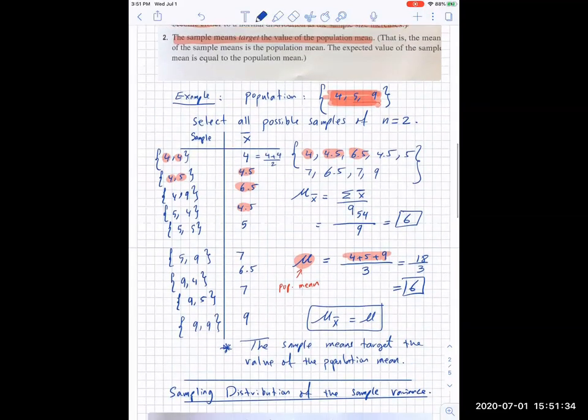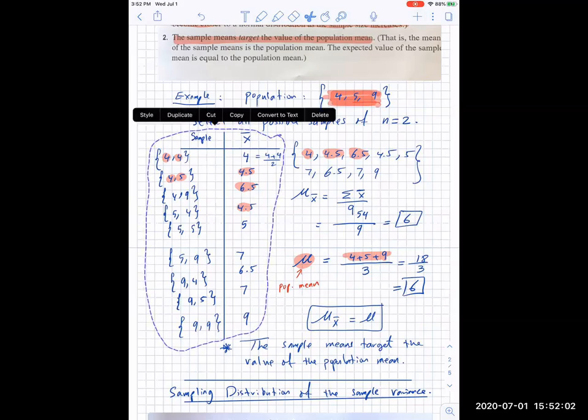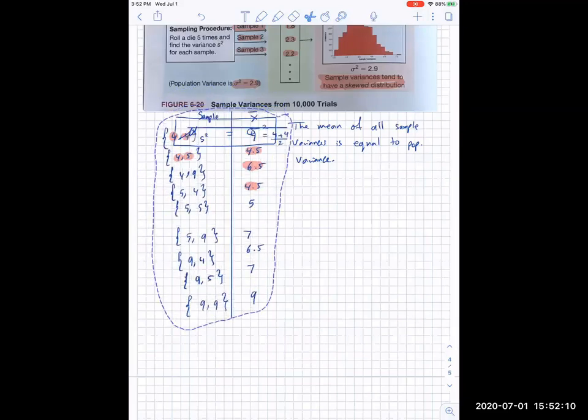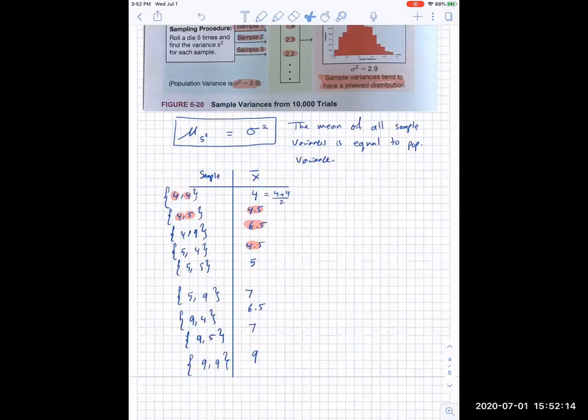I'm going to take this table. I'm going to erase these numbers and replace this with S squared.